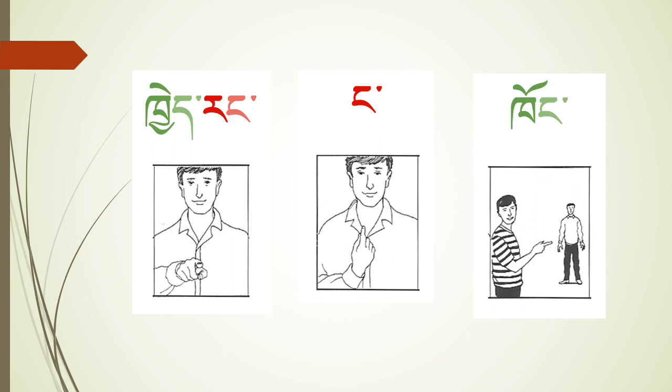The second word, easy, right? Only one letter. Nga. Nga is I. The third word, kung. Kung is he or she. It's quite polite, used for both genders.